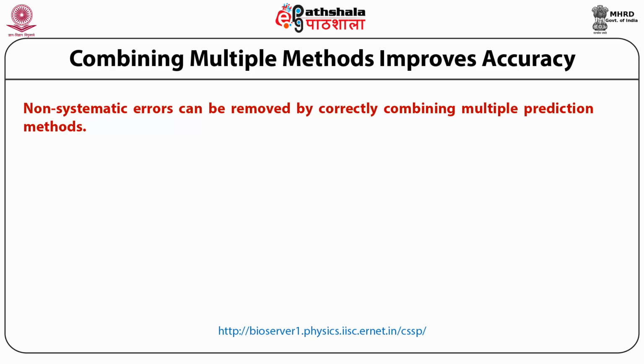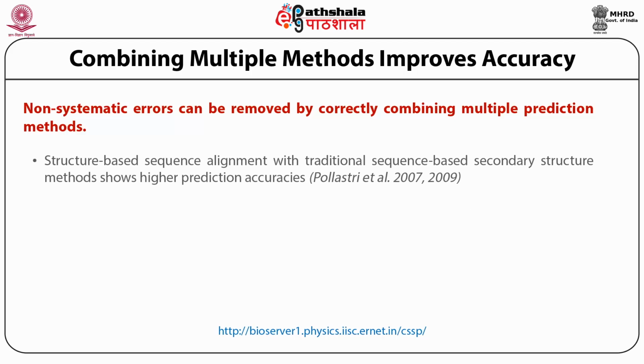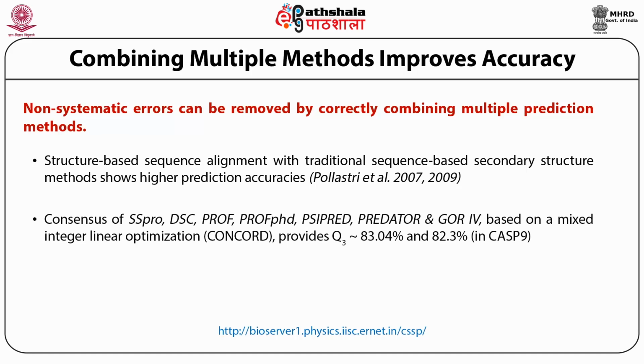In addition, several studies which combine structure-based sequence alignment with traditional sequence-based secondary structure methods provide better prediction accuracy. Consensus of different programs including PhD and GOR4, based on a mixed integer linear optimization, provides a significant improvement in accuracy for its own dataset.